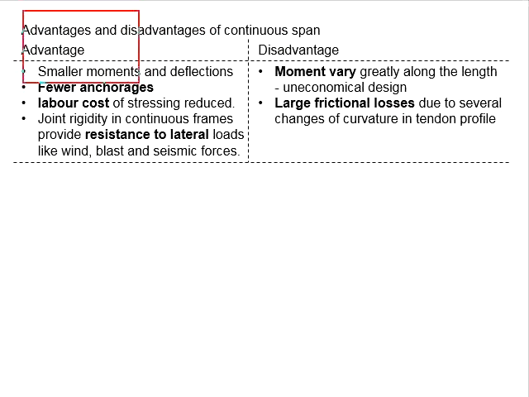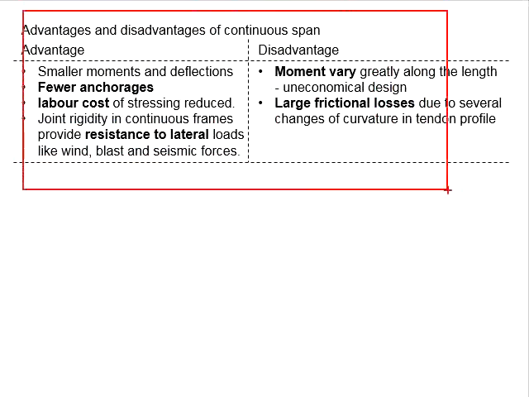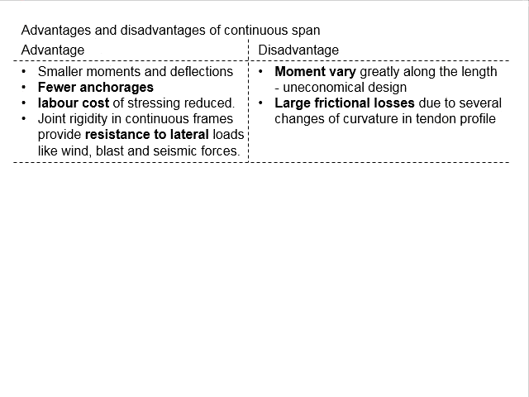This slide shows the advantages and disadvantages of the continuous span. In the context of the pre-stressing member, first, the continuous span normally has a smaller magnitude of moment and deflection. This is mainly due to the characteristic of the member that can distribute stress to the adjacent spans.